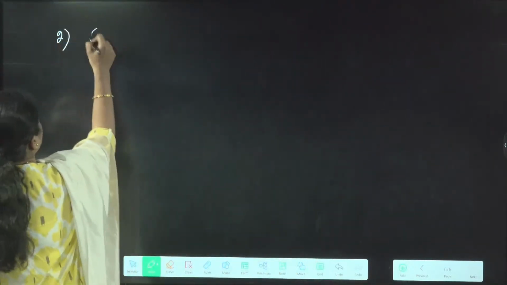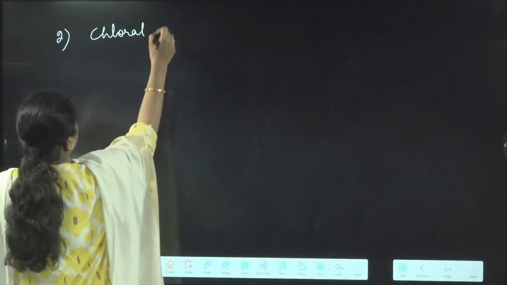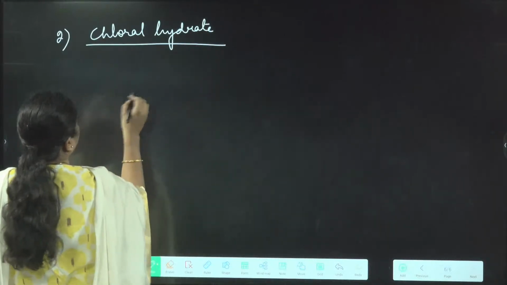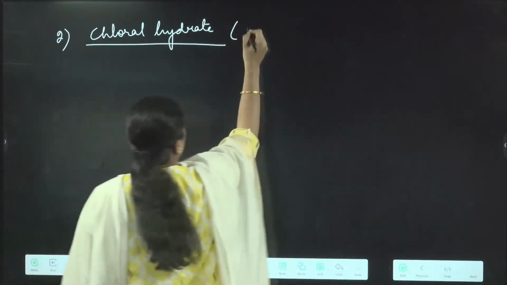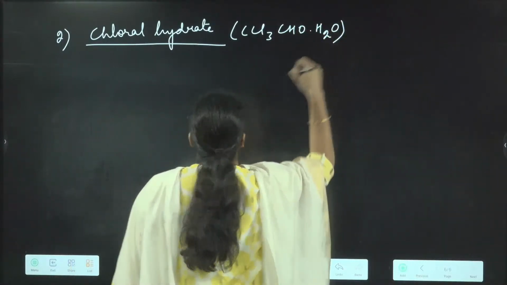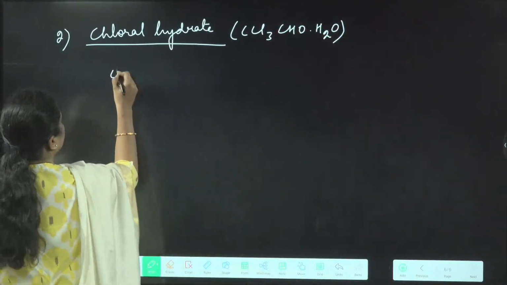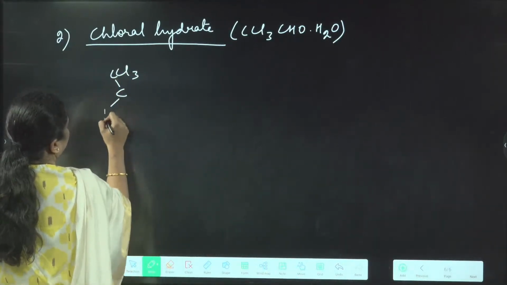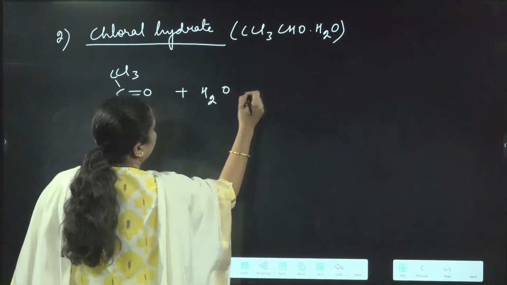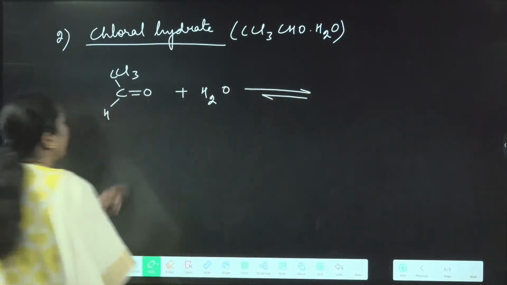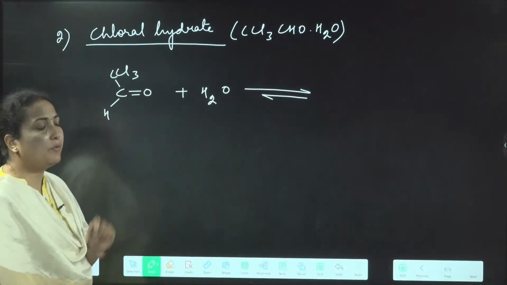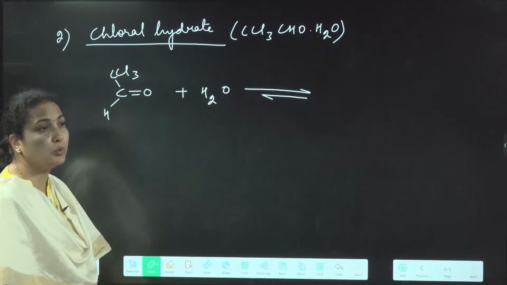Now, the second one is chloral hydrate. I'm writing CCl3CHO·H2O. In this case, I'm having CCl3, H and a double bond O. If you remember how this hydrate will be formed, this is a carbonyl compound, C double bond O, and the characteristic reaction for them is nucleophilic addition.